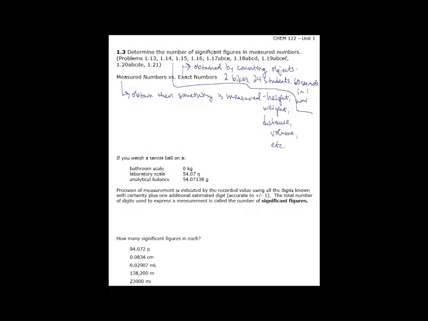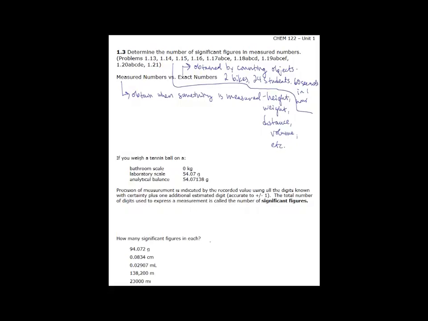It's important with measured numbers that the quantity of digits expressed tells you something. For instance, it conveys precision of measurement. If you weigh a tennis ball on a bathroom scale, it comes up as 0 kilograms.